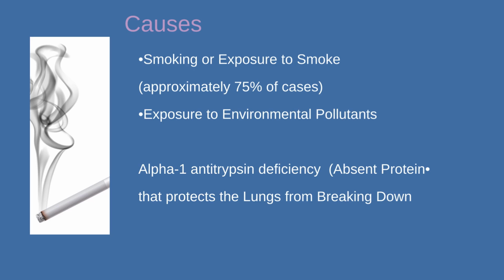Exposure to environmental pollutants: if you live in an area that has high pollution, you're more susceptible to getting COPD. There's also something called alpha-1 antitrypsin deficiency. This is something people are born with, where you lose some of the protective mechanisms. If you don't have alpha-1 antitrypsin, your body is much more susceptible to developing COPD and lung breakdown.